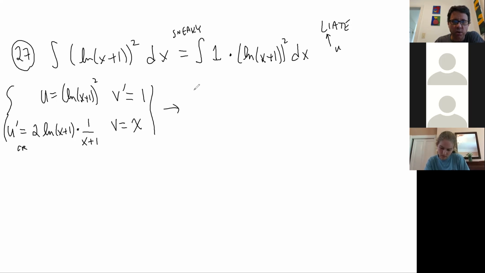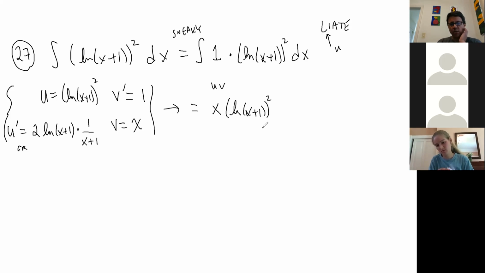That means that this integral will equal u times v. So u times v will be x times the natural log of x plus 1 squared.